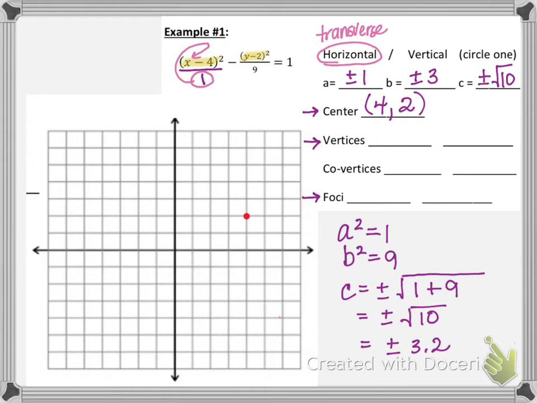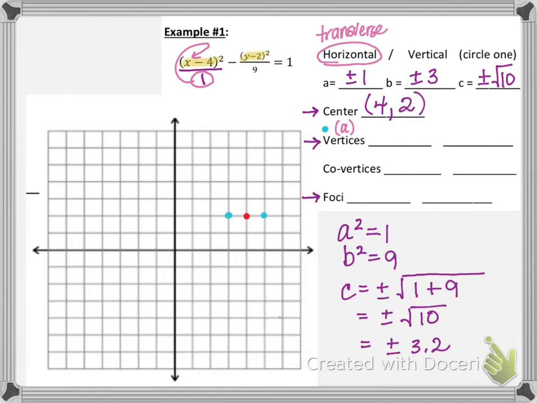So if I'm already at my center, my vertices are dependent on my a distance. So a distance was plus or minus 1. I'm going to use blue to determine my vertices, so I'm going to go plus and minus 1 right there.